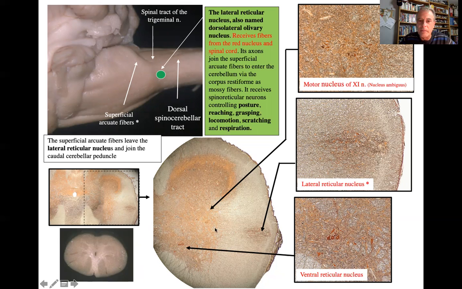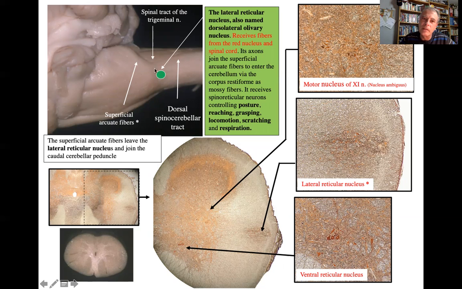Again, it's important to remember, this image is located around here. What do we see? We see structures that are important to remember. The motor nucleus, this is the nucleus ambiguus of the accessory nerve, right? Also, we have the lateral reticular nucleus, okay? And the fibers from the lateral reticular nucleus, this area has been enlarged here. The lateral reticular nucleus projects fibers through the superficial arcuate fibers.